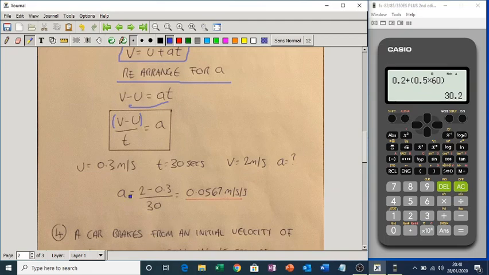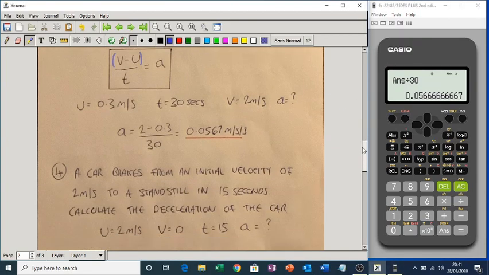So using that formula, a equals 2 take away 0.3, divided by 30, gives me 0.056. So that's my acceleration.